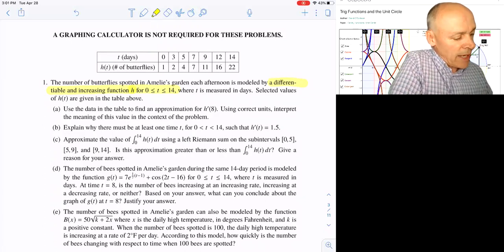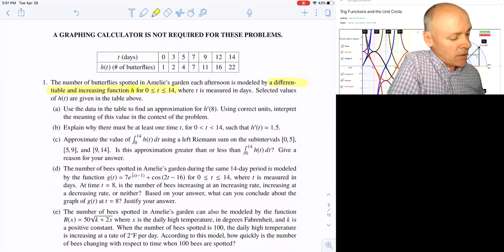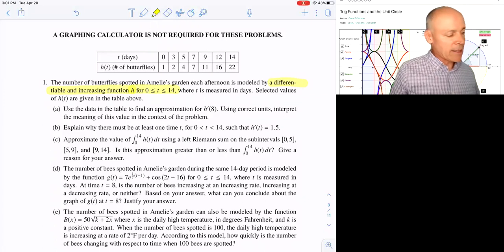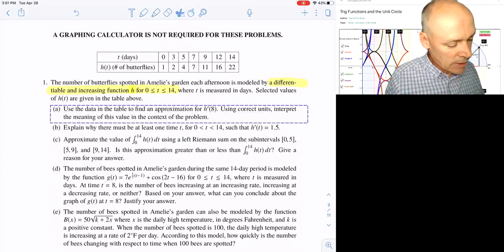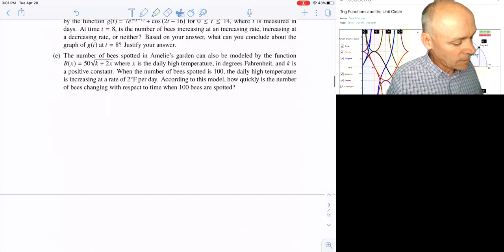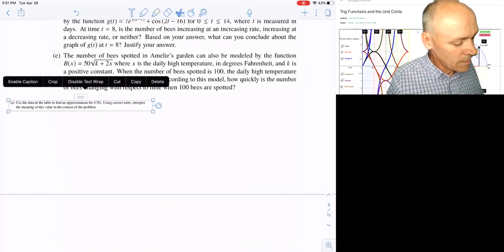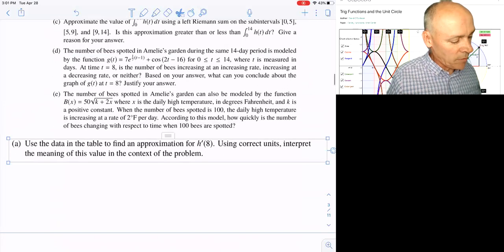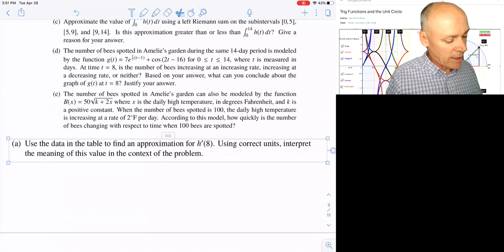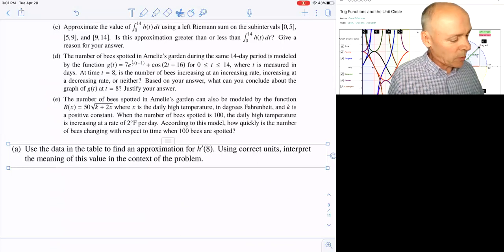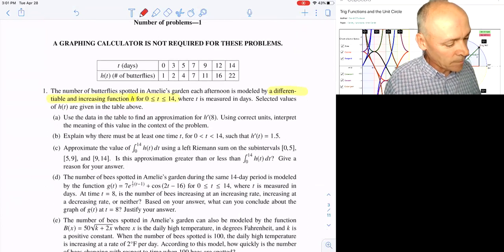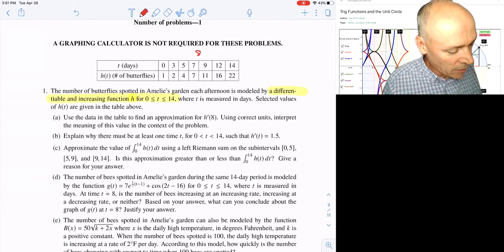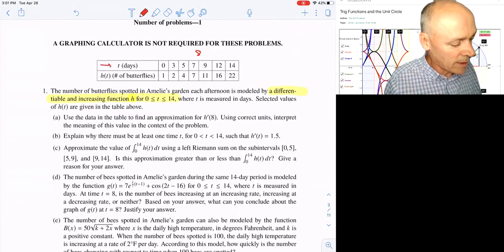So part A says use the data in the table to find an approximation for H prime of 8. Using correct units, interpret the meaning of this value in the context of the problem. So if I'm looking for an approximation of H prime of 8, I want to use correct units, and I also want to interpret what that means. In my table, T of 8 would be located right between the 7 and the 9 in that row.